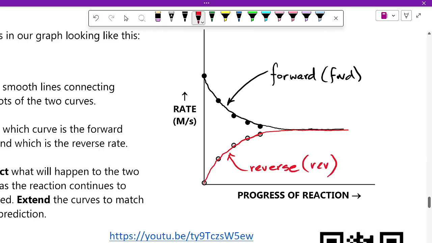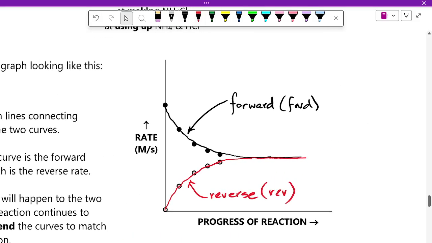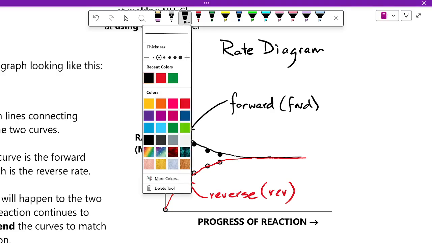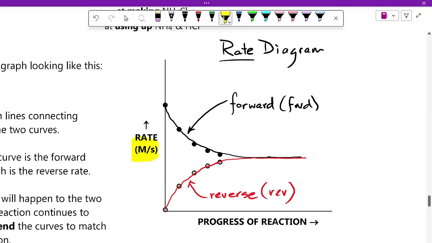And this diagram is called a rate diagram. On the y-axis, because it is a rate diagram, we are going to have rate in molar per second.